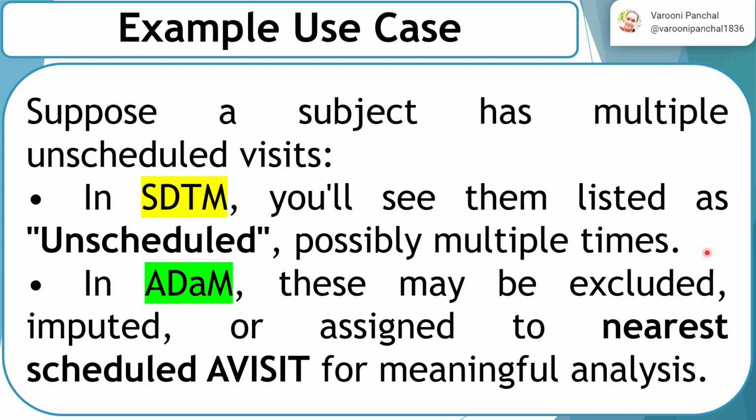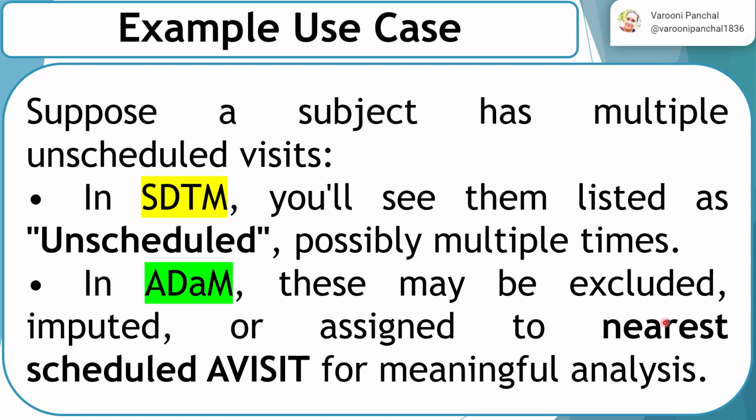The timing was 9 o'clock, but it wasn't suitable, or the patient was not ready, or that specific time was missed, so it was taken at 9:10. Then at 9:10 there was not sufficient blood collected, so it happened at 9:15, then 9:20. So maybe 2 to 3 times the blood was collected. Whatever information you see like that, it usually happens in SDTM, and you will present that in SDTM.